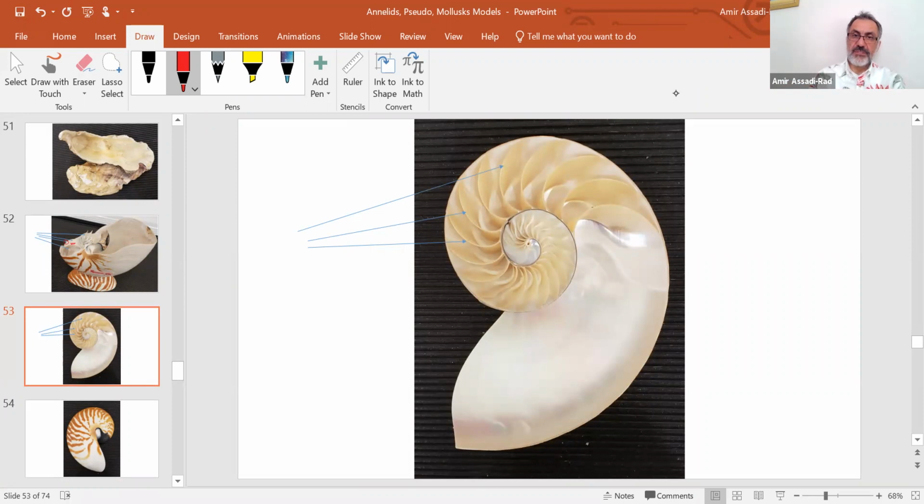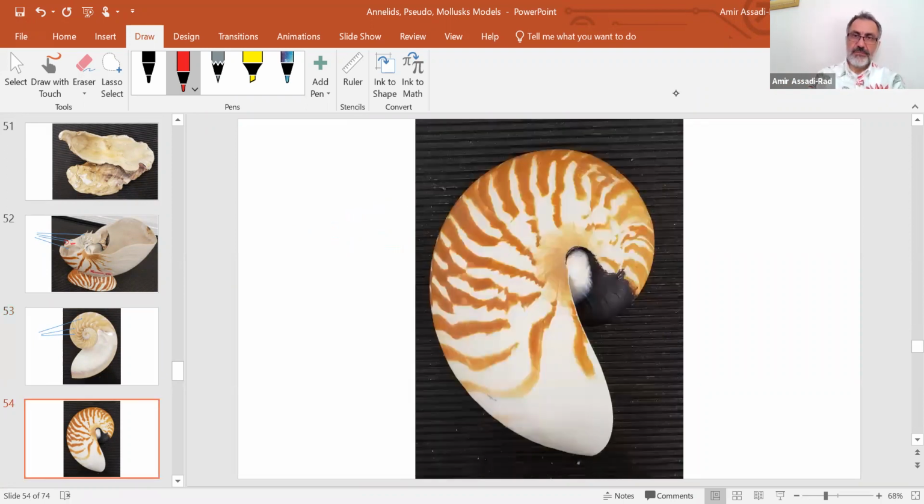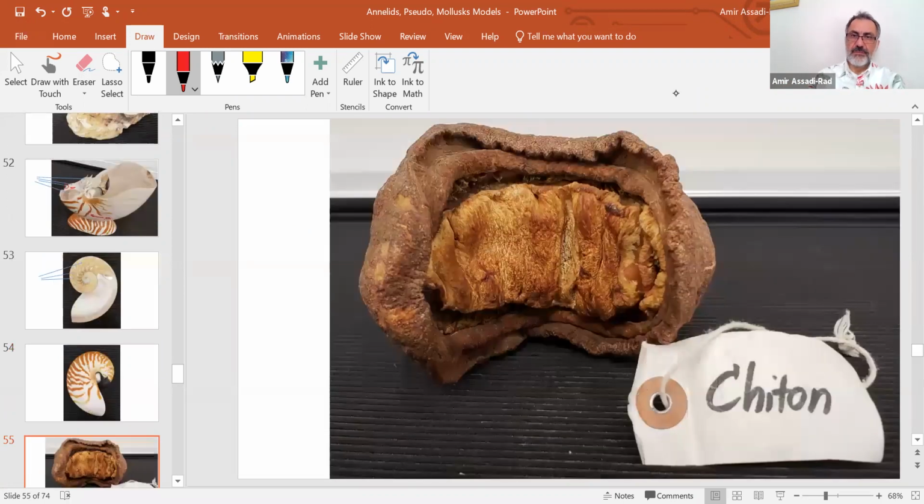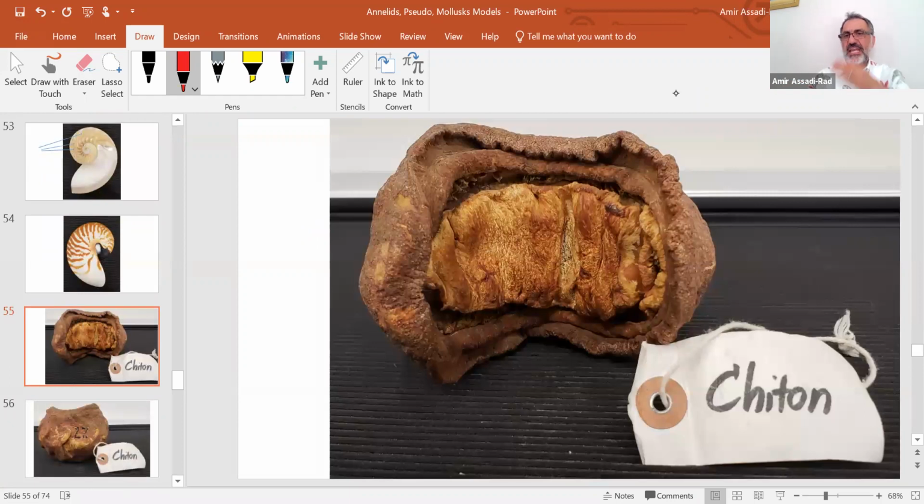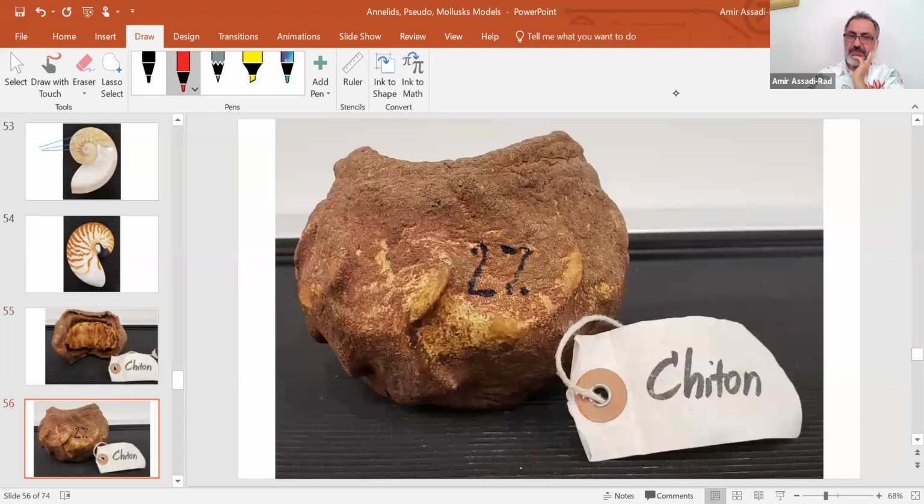These are all septums, and then this is nautilus, phylum mollusca. Okay, this is chiton, the mail shell, class Polyplacophora, common name chiton.